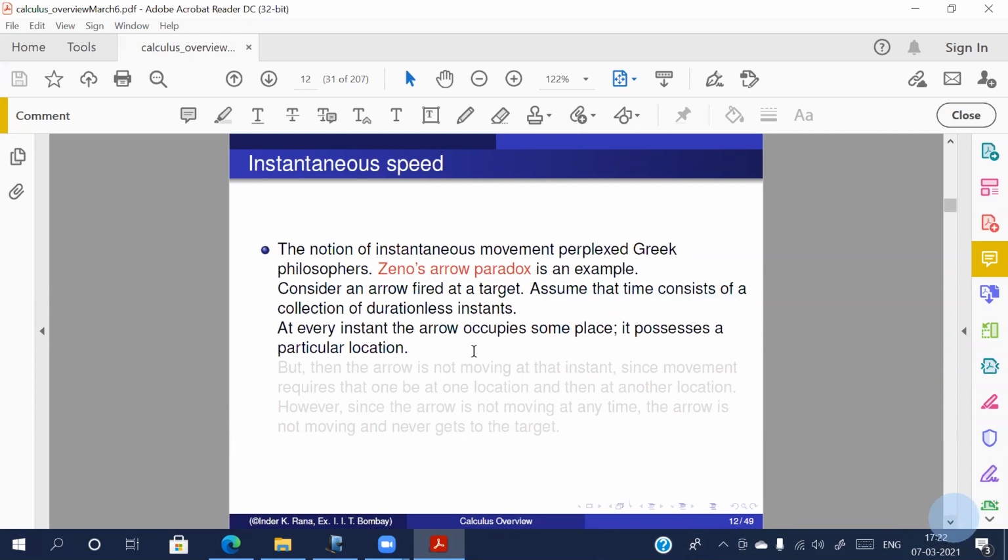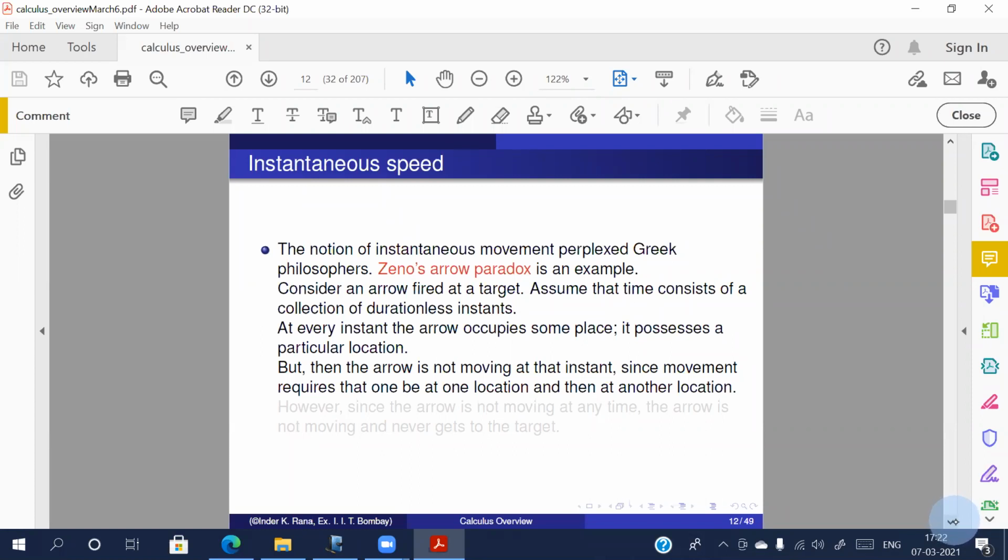At every instant the arrow occupies some place, it possesses a particular location, but at that particular instant the arrow is not moving. So there is a sort of dichotomy, a paradox. At a particular instant the arrow is stationary, but if you look at the overall picture, it is moving and it hits the target.